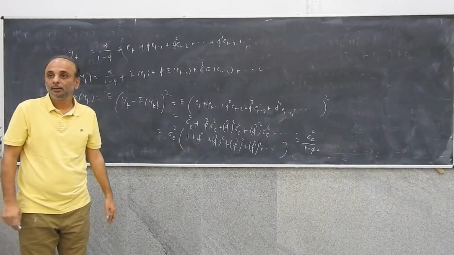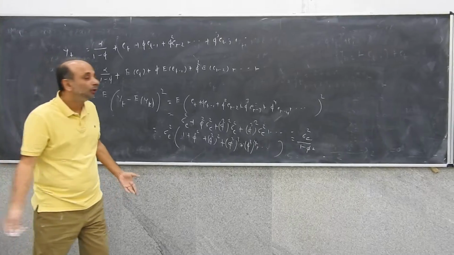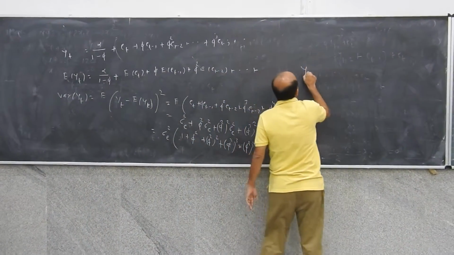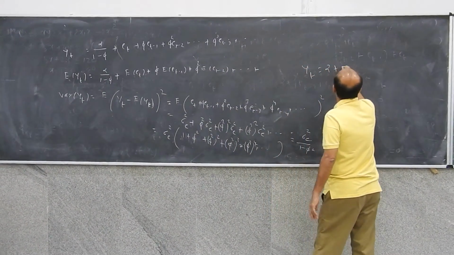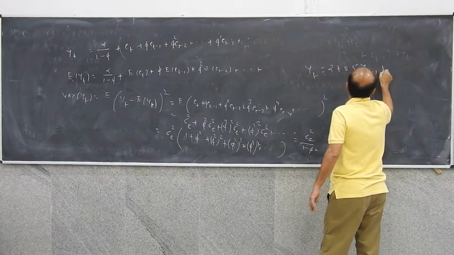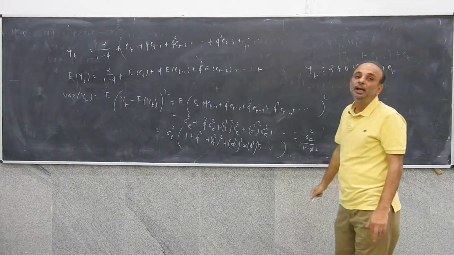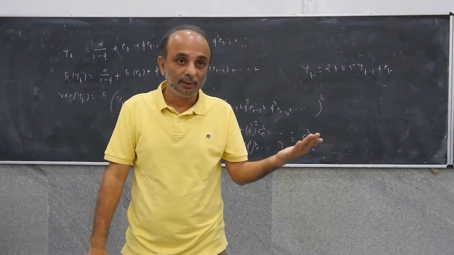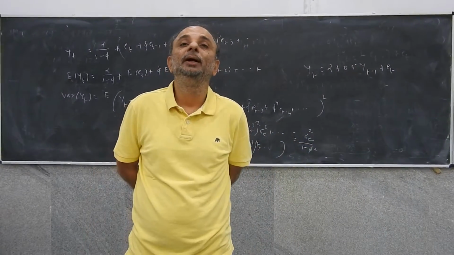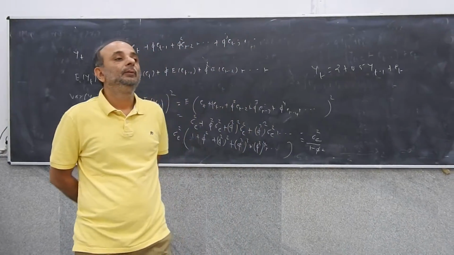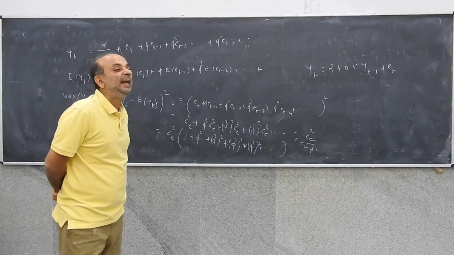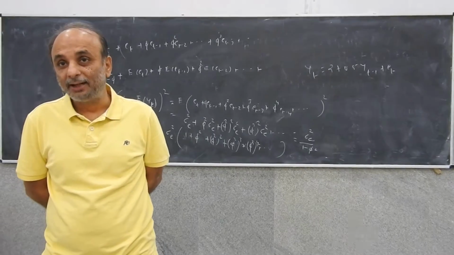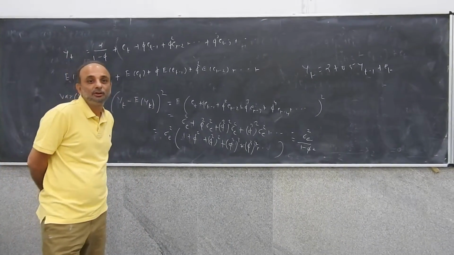Okay? So friends, if your process yt was 2 plus 0.5 yt minus 1 plus et, and I told you that et was a standard normal variable, what would be the variance of yt? I'm stressing on the term standard.